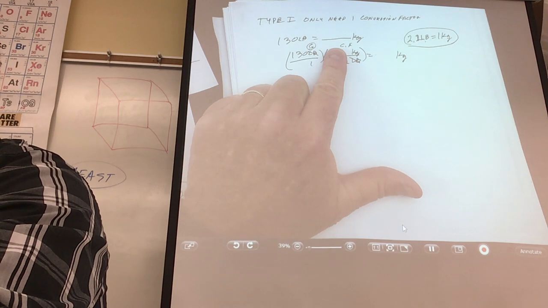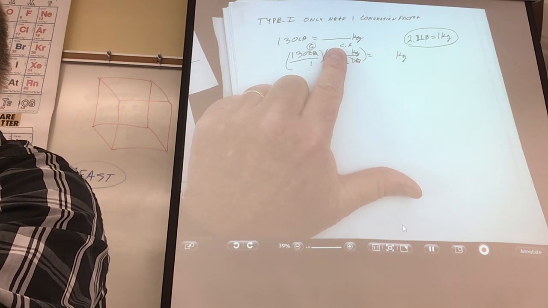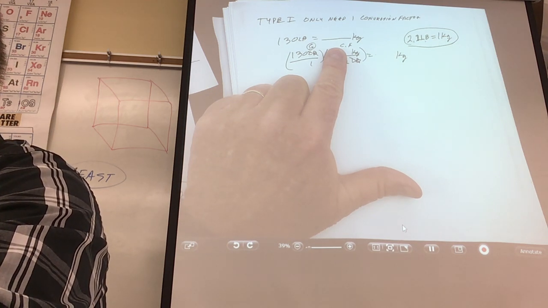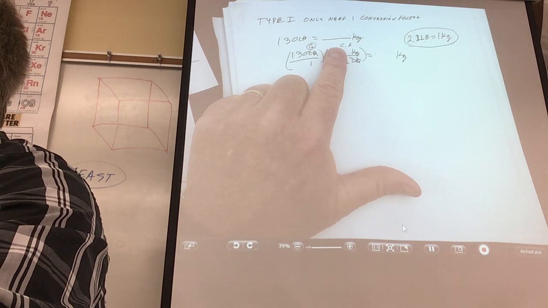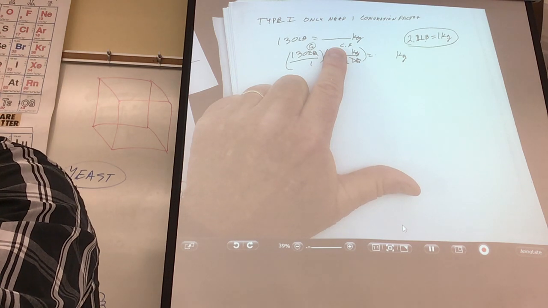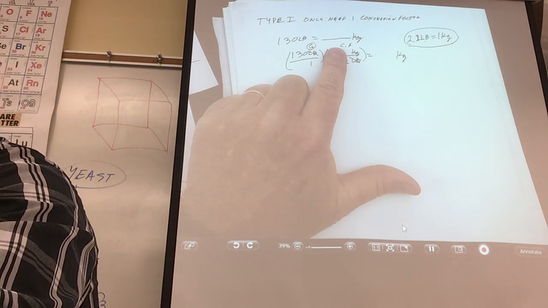Does anybody know what a typical baby weighs in kilograms around the world? Usually here we call them pounds. What do you think, an average baby around the world in kilograms? 3.5?